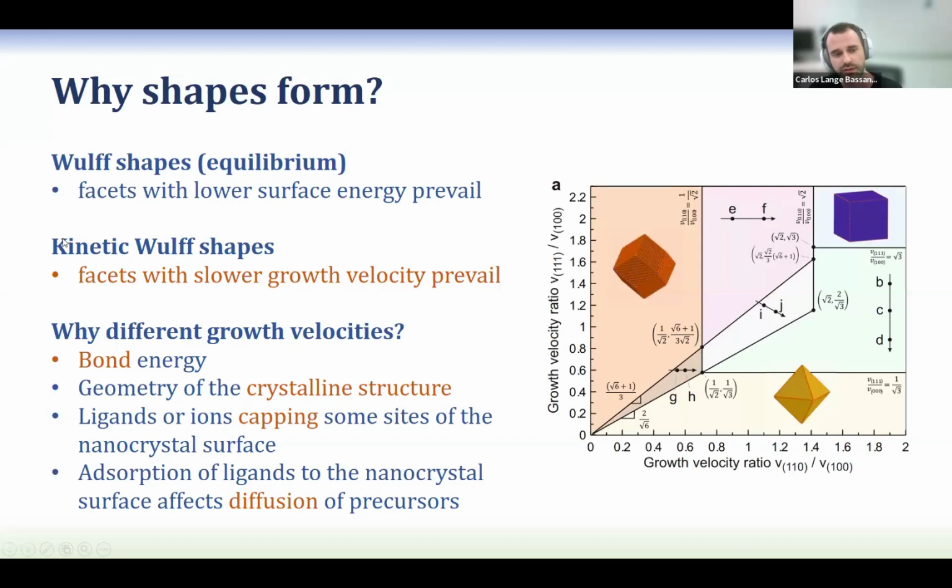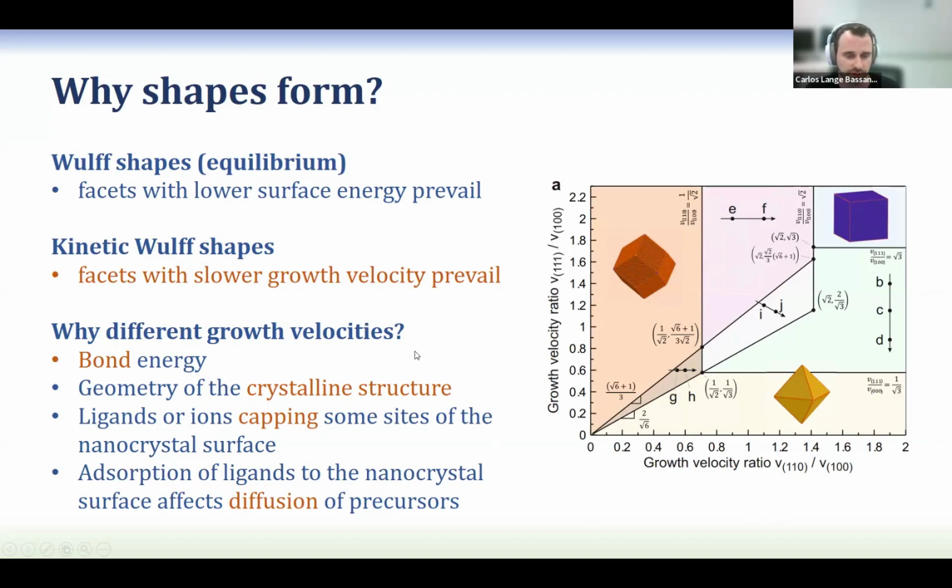And the hypothesis here, which is also from the literature, is that facets with a slower growth velocity prevail, and they bound the nanocrystal shape. And then we have models in the literature where, from the velocity ratio between the different crystallographic directions, we can form different nanocrystal shapes.